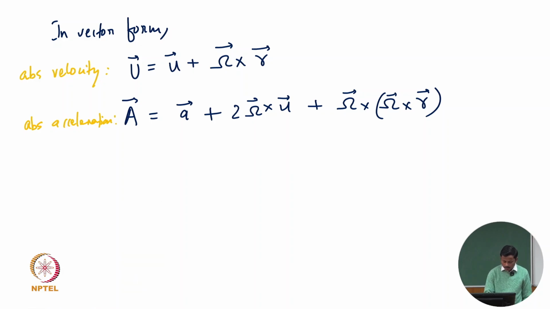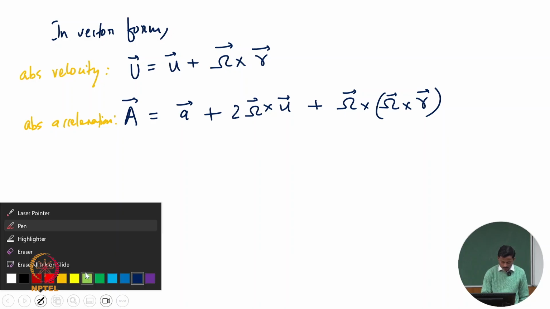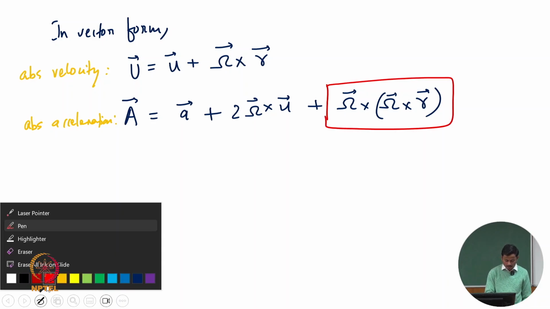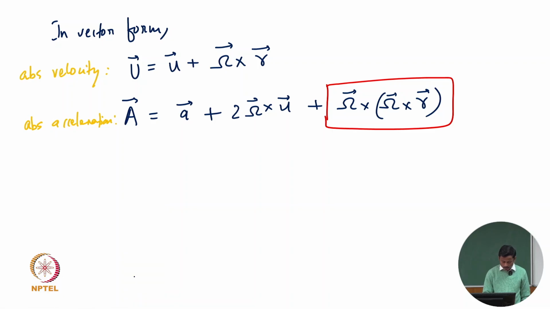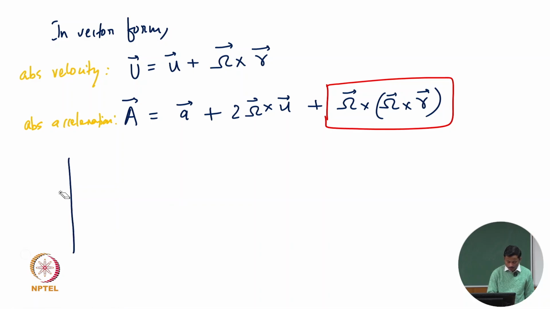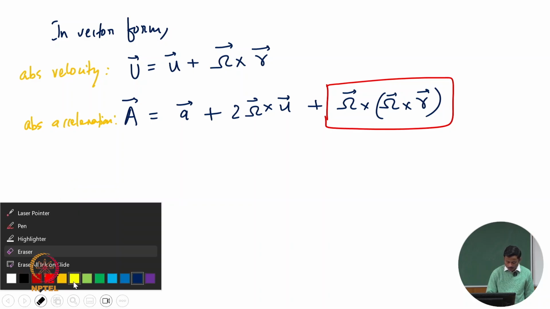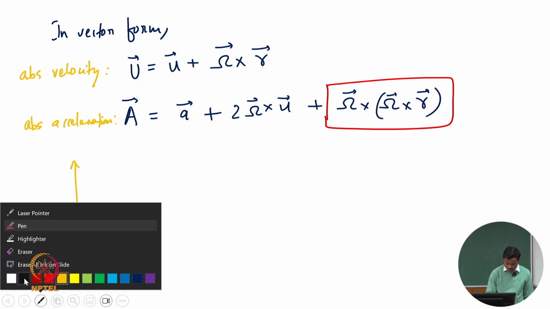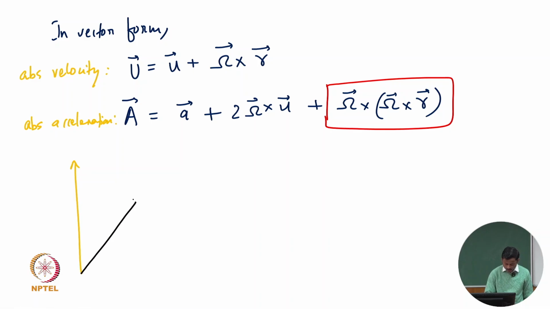So we want to write the last term in terms of the distance from the axis of rotation. This is the axis of rotation, and this is the point at which we are interested.